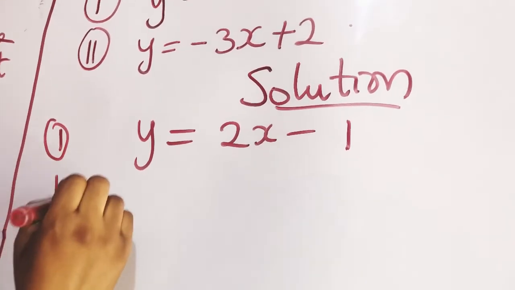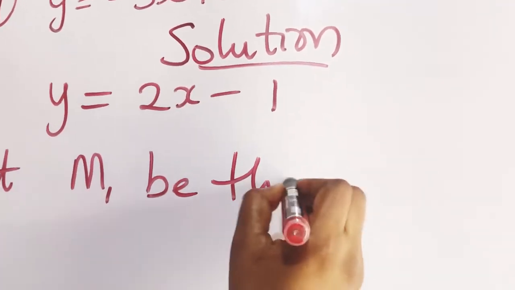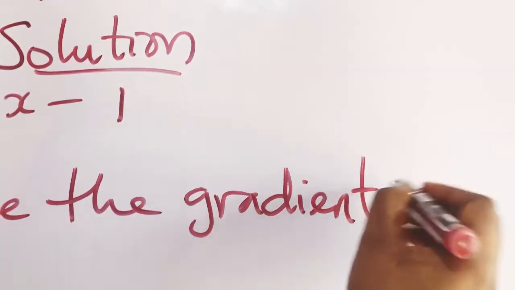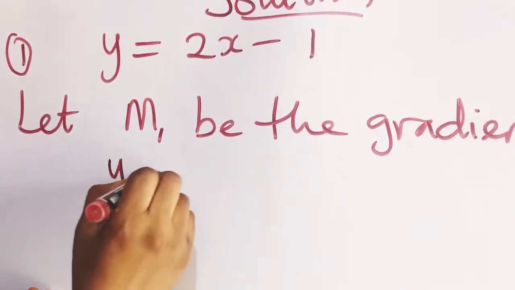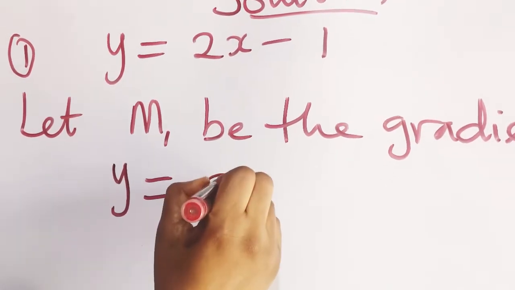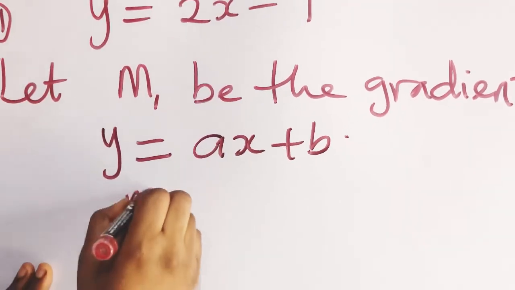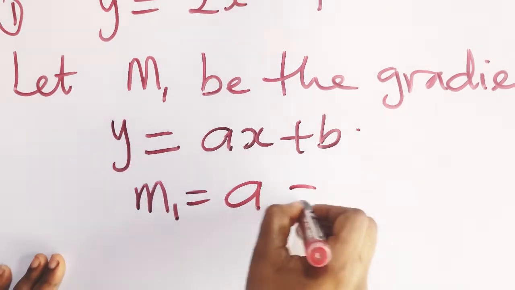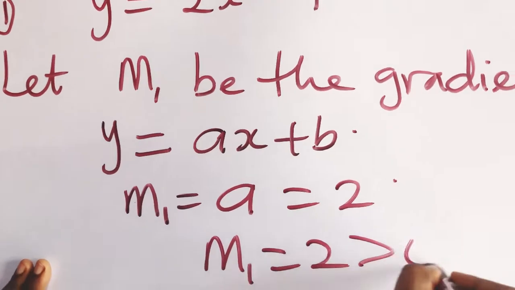Let m1 be the gradient, and I told you that gradient is also known as the slope of the line. So you compare y is equal to 2x minus 1 with y is equal to ax plus b. From here, m1, which is the gradient, is equal to a, which is 2. So m1 is equal to 2, which is greater than 0.